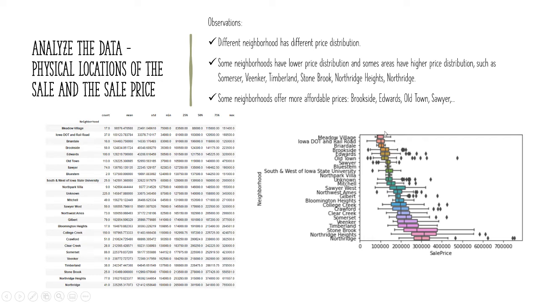Some neighborhoods have lower price distributions and some have higher price distributions, such as some that have very high prices. Neighborhoods with very high price distributions are Timberland, Stonebrook, Northridge, and Northridge Heights, and some neighborhoods offer more affordable prices, such as Brookside, Edwards, Old Town, and Sawyer.